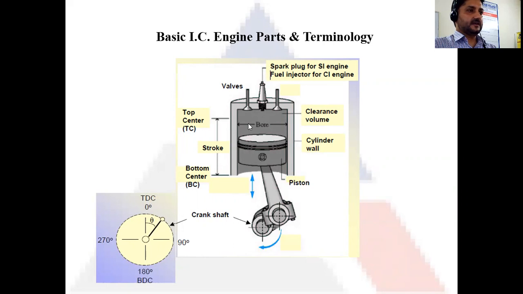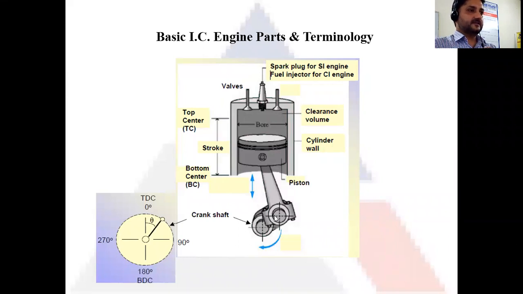Now, as the piston starts to move in the downward direction, the crank starts to move in a circular motion. So theta starts to increase, and as the piston reaches the bottom dead center, the crank sweeps an angle of 180 degrees. At that position, again, the connecting rod is straight and the crank is in line with the connecting rod.